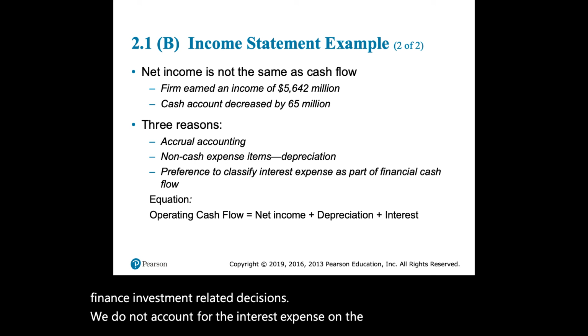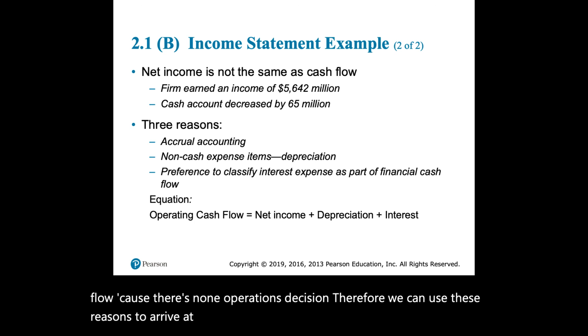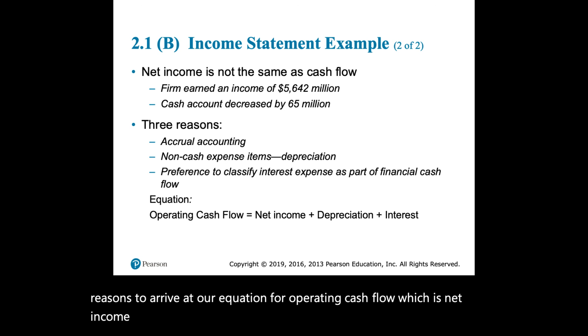Therefore, we can use these reasons to arrive at our equation for operating cash flow, which is net income, but we have to add back the depreciation and we have to add our interest expense as well.